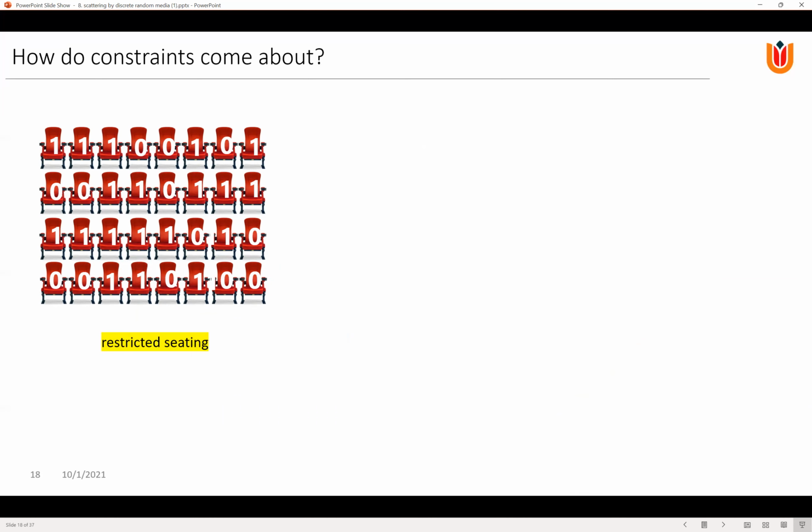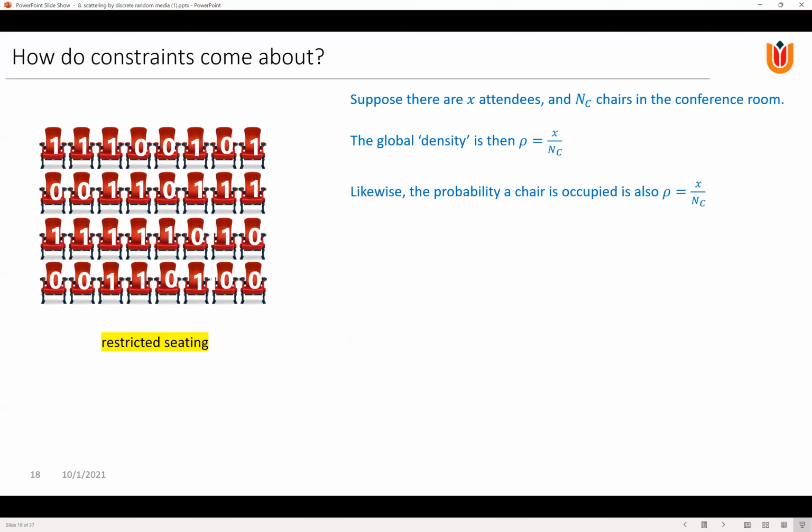So restricted, let's call it restricted seating, so only 1 person per seat. Yeah, that's a very good point. So binary kind of function. Binomial. Yeah, binomial. That's binomial.